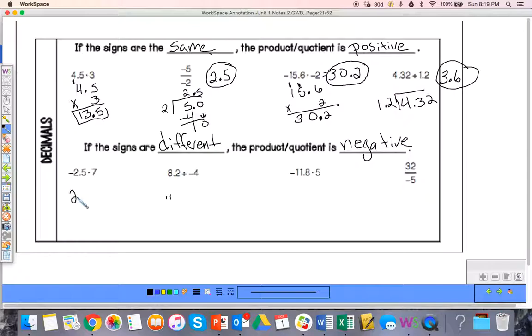So we're doing 2.5 times 7. 5 times 7 is 35. 7 times 2 is 14, plus 3 is 17. There's one decimal place total. So we put our decimal one decimal place over. We have a negative times a positive, which makes this a negative answer. So our answer is negative 17.5.